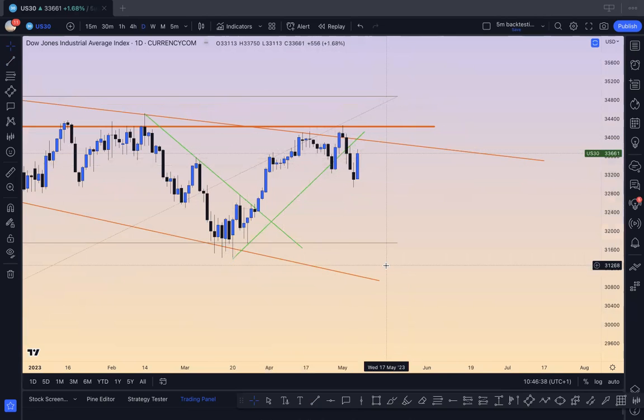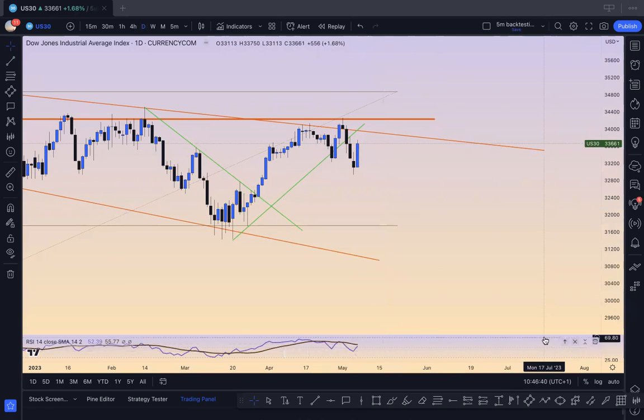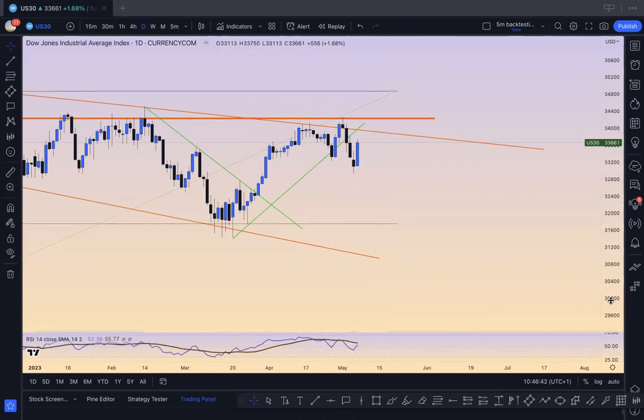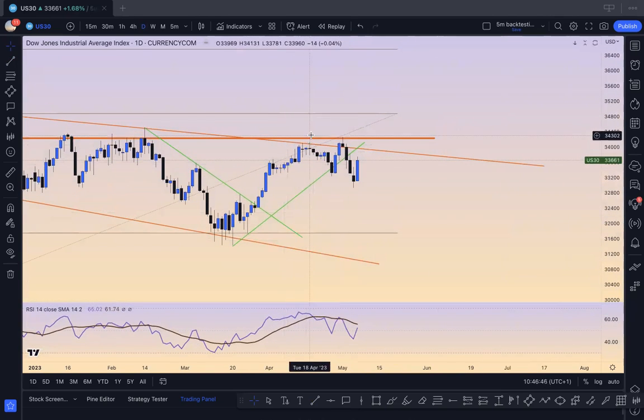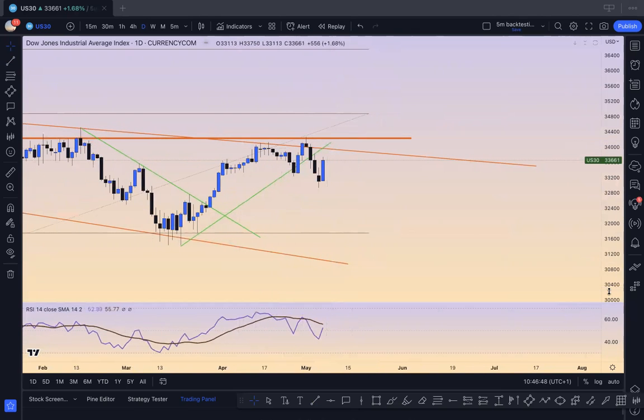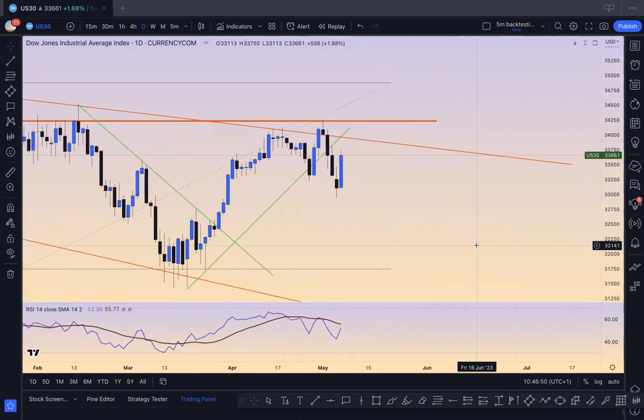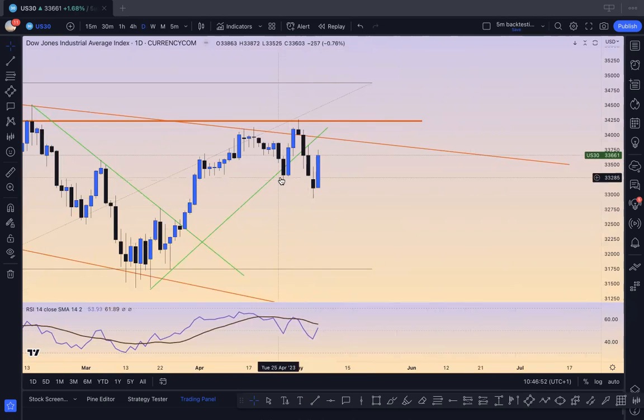We had a break of structure. Let me see. Divergence here. Diverging break of structure.